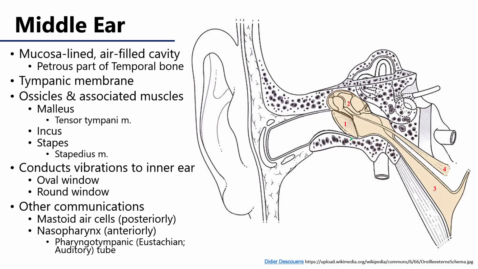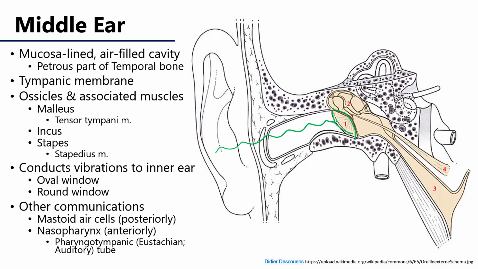The middle ear is within the petrous portion of the temporal bone, and it really begins with that tympanic membrane, or the eardrum. So sound, as air vibrations, enter the external ear, and they strike the tympanic membrane, vibrating it.